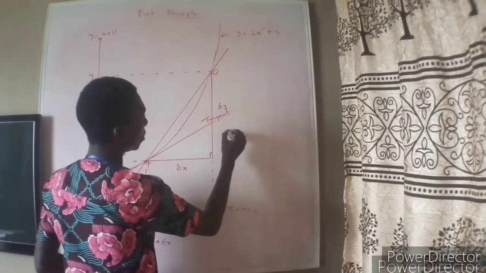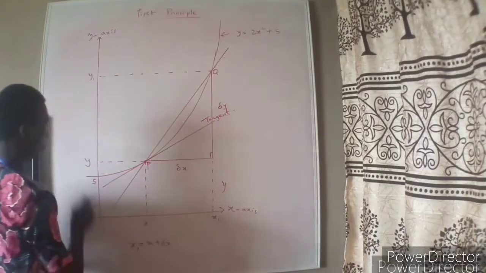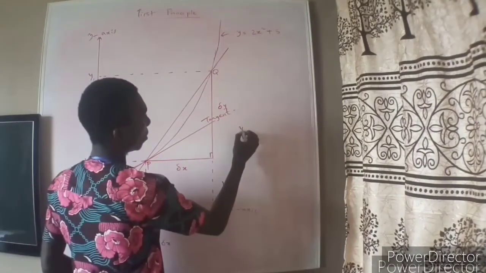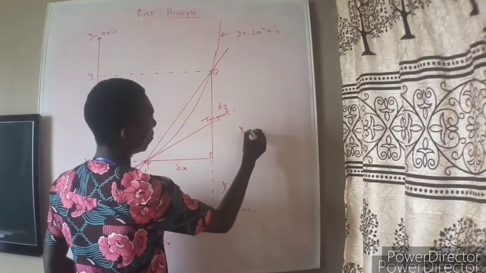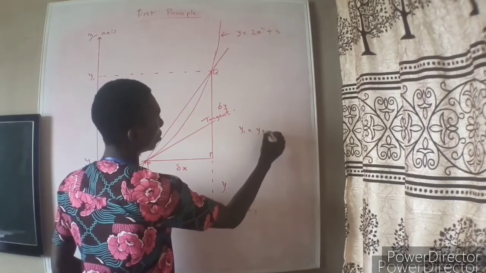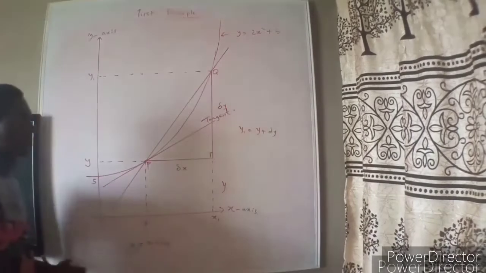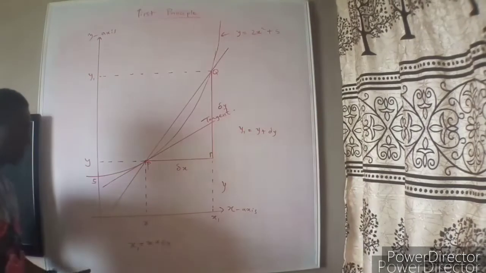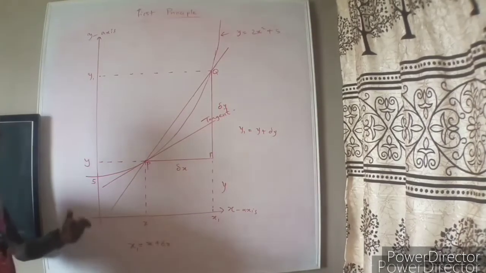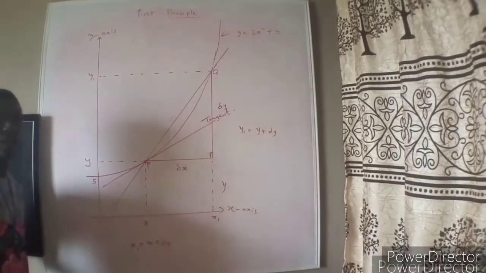And for my y1, from here to here is my y. So for my y1, I'll be having y plus change in y. I hope this is clear. My x1 will be what? x plus change in x, and my y1 will be what? y plus my change in y.